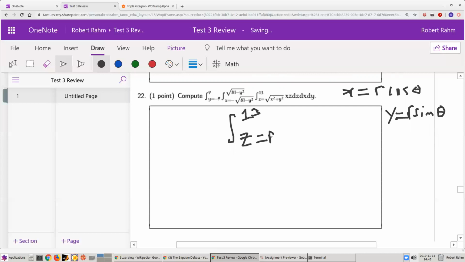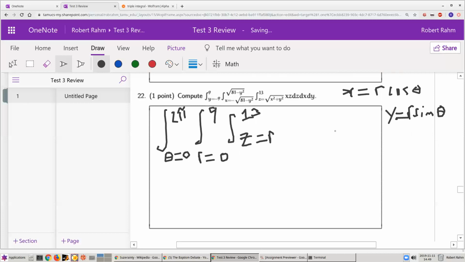So z goes from r to 13, r goes from 0 to 9, and theta goes from 0 to 2 pi.